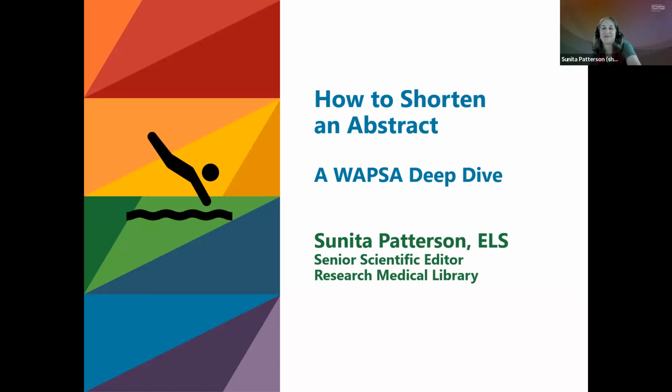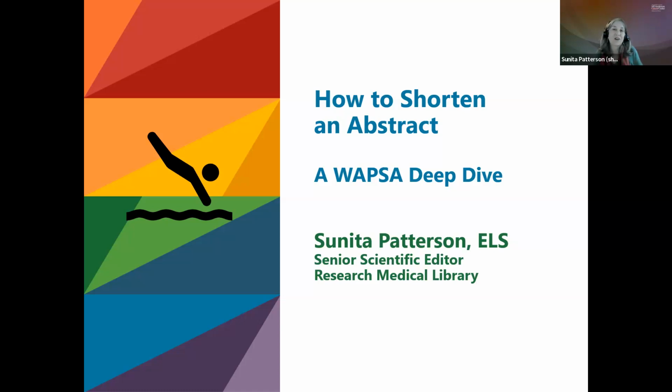Welcome. So glad y'all have joined us today for our final session in our series that we've called Deep Dives, drawing from our WAPSA course, Writing and Publishing Scientific Articles. And today's topic builds on our abstracts and titles module of the WAPSA course.